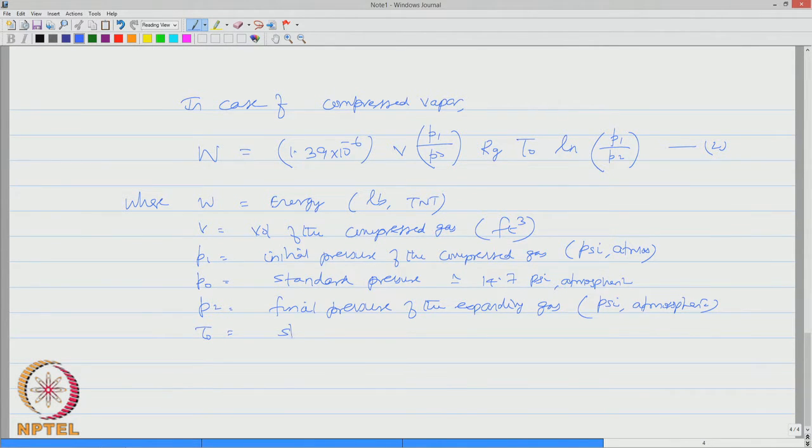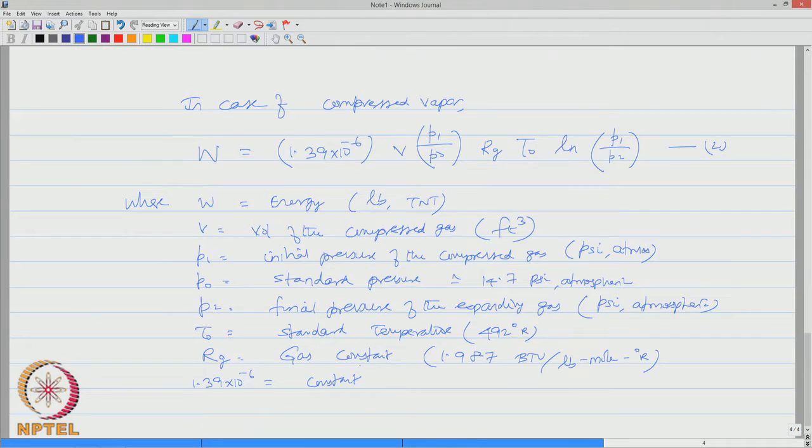T0 is the standard temperature, which is 492 degrees R, where Rg is the gas constant, which is 1.987 Btu per lb mole degree R. This 1.39 times 10 power minus 6 is actually a constant which takes care of the units to get W in energy terms, which is actually a conversion factor.